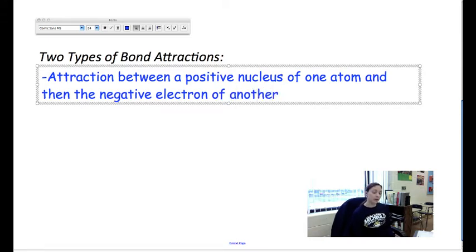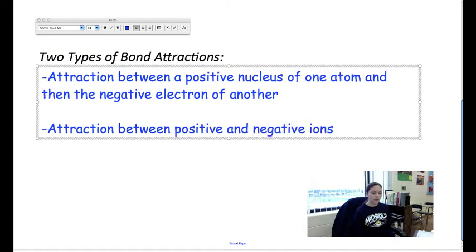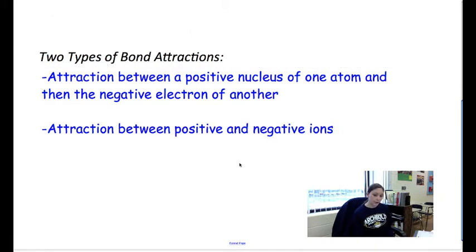So we're talking about the attraction between two subatomic particles, the electron and then the positive proton in the nucleus. The other type of attraction that will make a bond is the attraction between positive and negative ions. Notice how they're both opposites though. It's a positive and a negative something. And we're going to continue to look at these two types of bond attractions throughout the next two chapters.